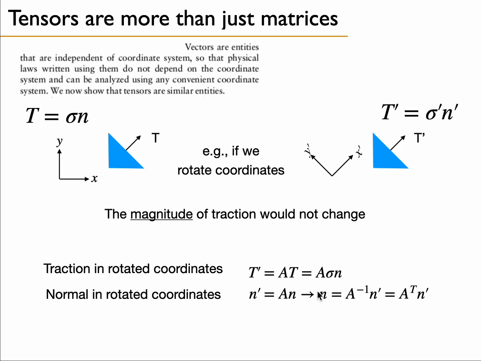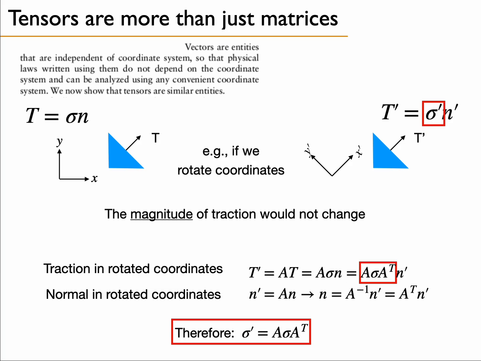In the next step, we use the second equation here and solve for n. So if we solve for n, we get A inverse times n prime, or A transpose times n prime. And finally, we can introduce this relationship into that equation, and one obtains that the transformed traction is A times sigma times A transpose times n prime. That's coming from there.